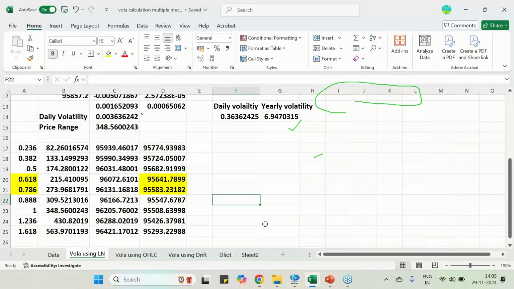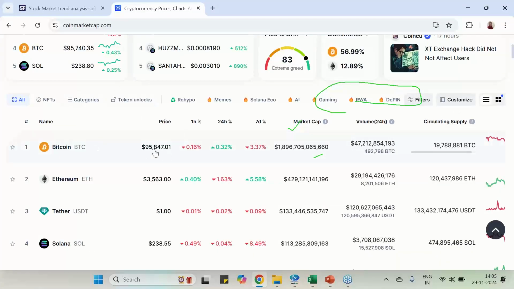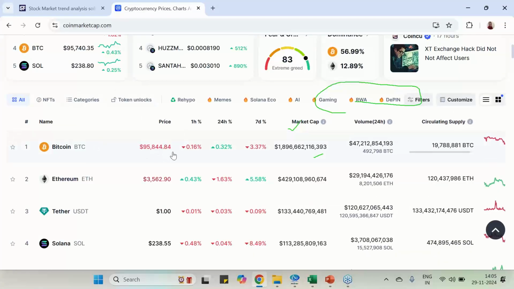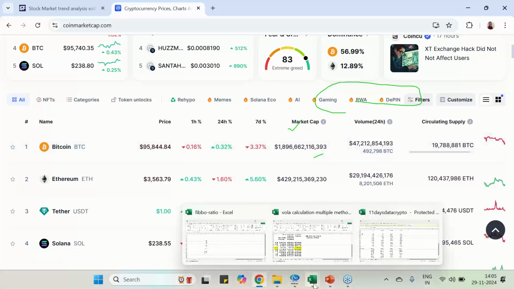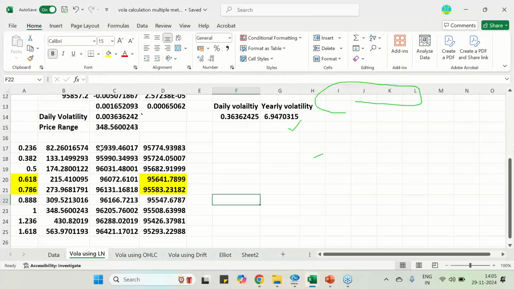In the coming days, I will again give analysis for some other cryptocurrency using the same method. And this is the trend for the day 29/11/2024. Watch out for this. The price now has become 847. So my trend is sitting in this order: above 95,939 the trend is set, and it will go to 95,990, beyond that 96,072 and 96,131.